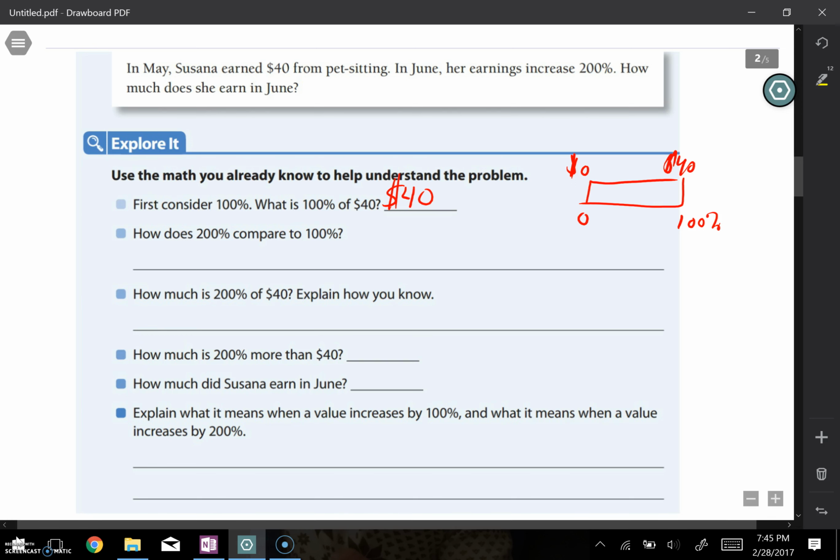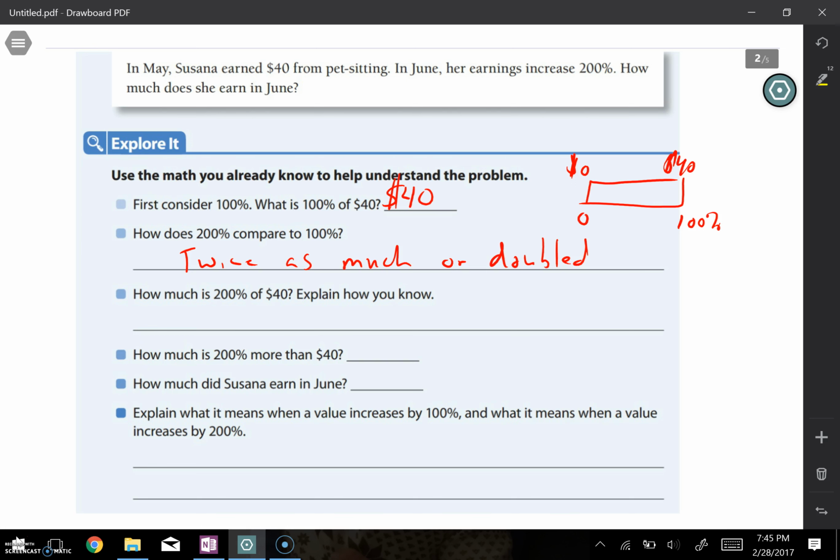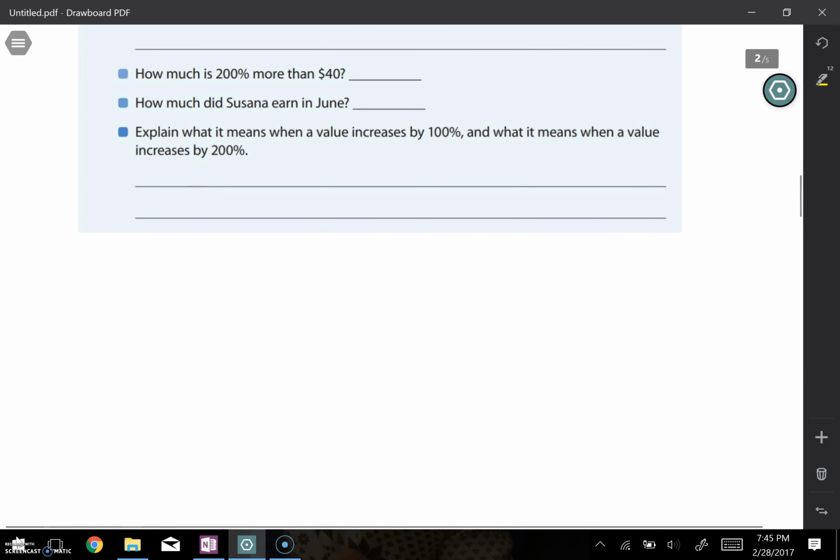How much does 200% compare to 100%? Well, it is twice as much, or doubled. How much is 200% of $40? Explain how you know. Well, I'm going to go right here.